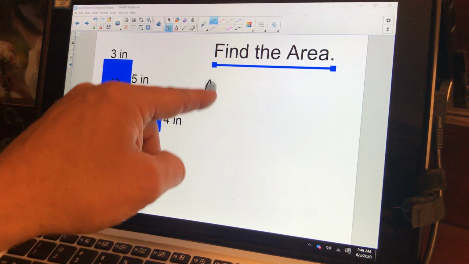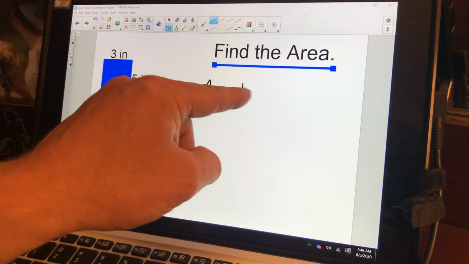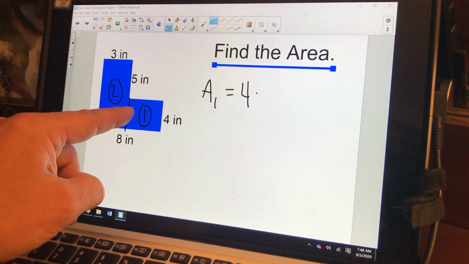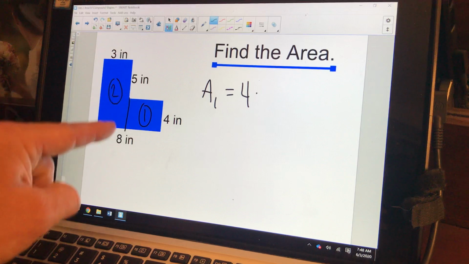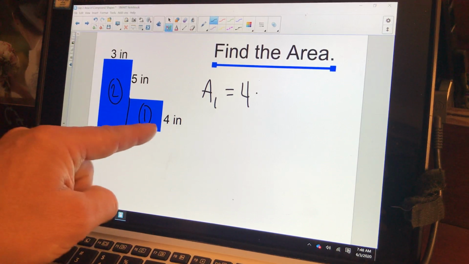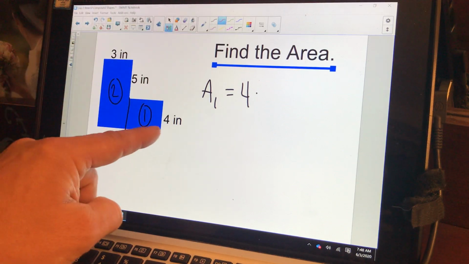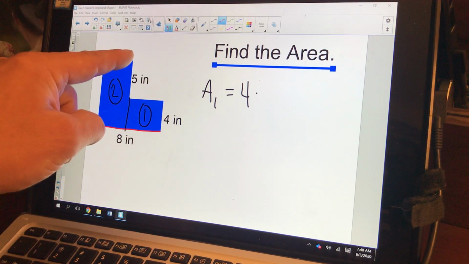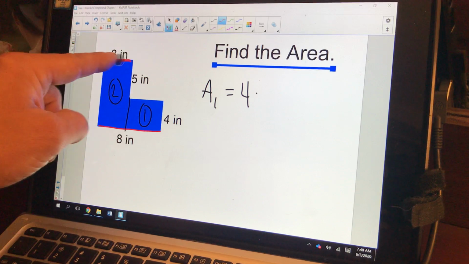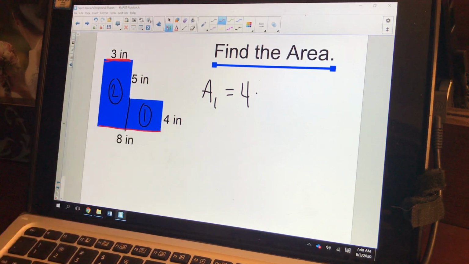The area of shape 1 is 4 by... how much is that? Well, this whole bottom thing is 8 inches, and I'm using 3 of them up here. How much am I left over with right there?